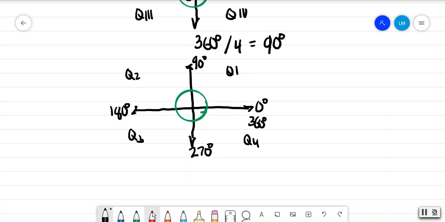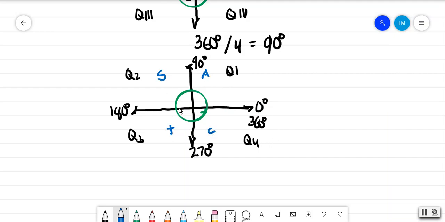Now, another neat trick is that when we start talking about trigonometric functions, you're going to be looking at the signs. If you relate this to college algebra or even algebra, one side is positive, the other is negative. So you're going to learn this little acronym: all students take calculus.